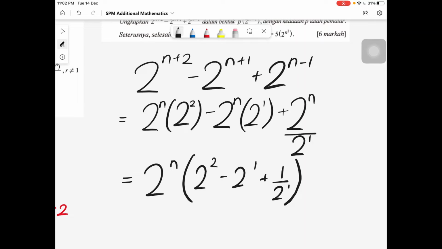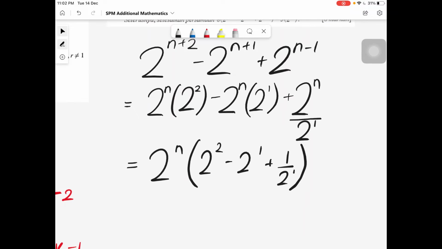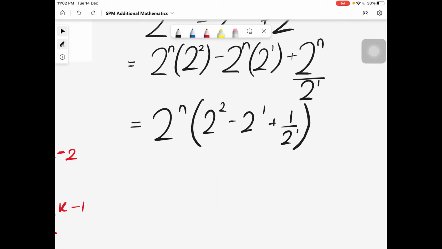If you're unsure about your factorization, always double check and expand the bracket once again. So expand here, here, and here. Just make sure you get the values that you see in this equation. Okay, that's just a quick side note.